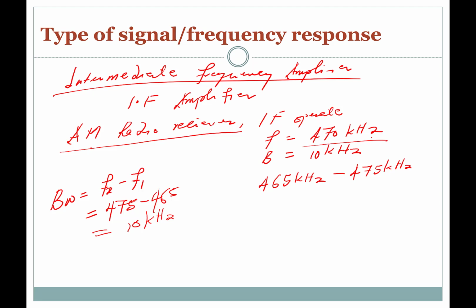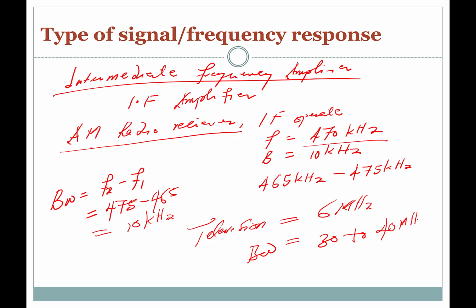And then for televisions, we would have a frequency of about 6 megahertz, and the bandwidth is usually around 30 to 40 megahertz.